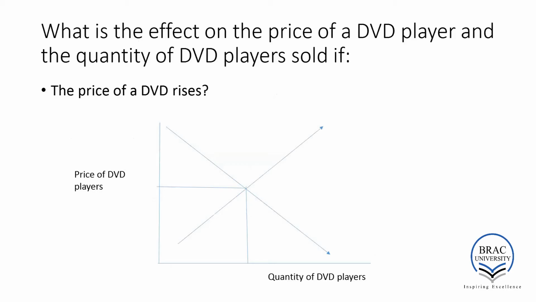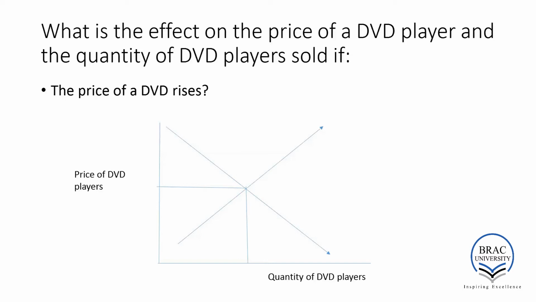At first, I want to establish that every time I will have the quantity of DVD players on the horizontal axis and the price of DVD players on the vertical axis. We will put the initial demand curve and the initial supply curve. We know that the demand curve is always downward sloping and the supply curve is always upward sloping.